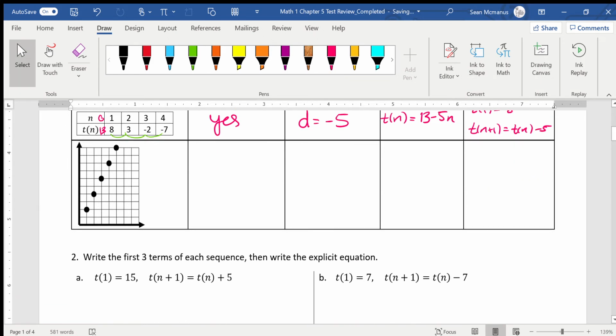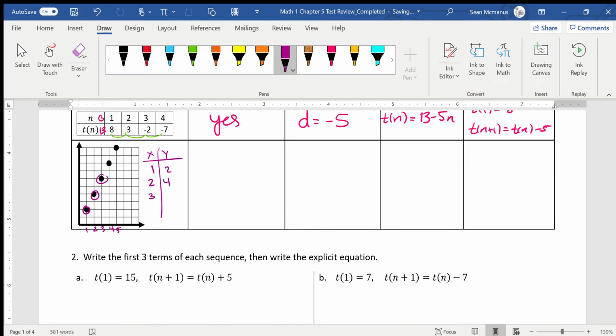Okay, this one is a little bit different. There's a couple ways I could do this. I could make a table. Really, these are the points: 1, 2, that was this one. Then here I have 2, 4.